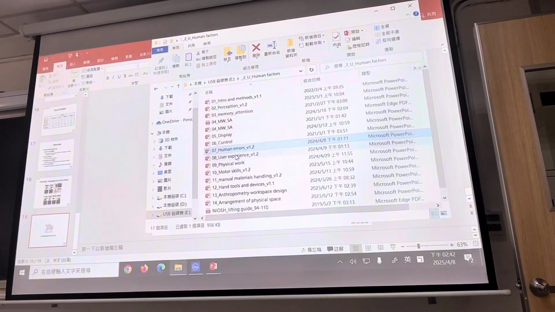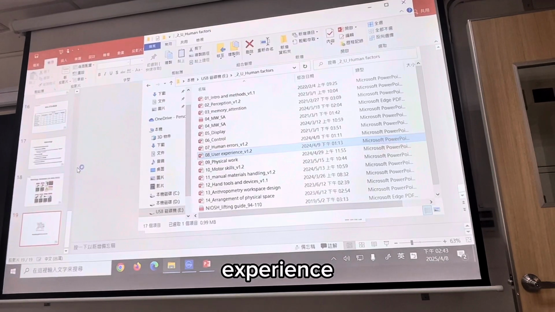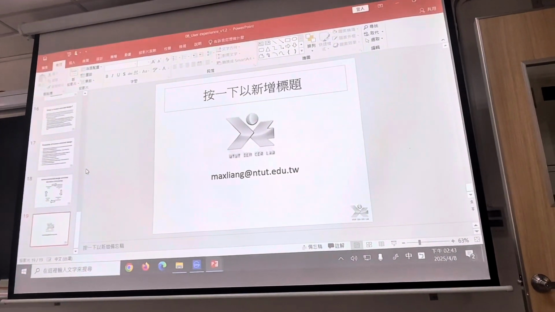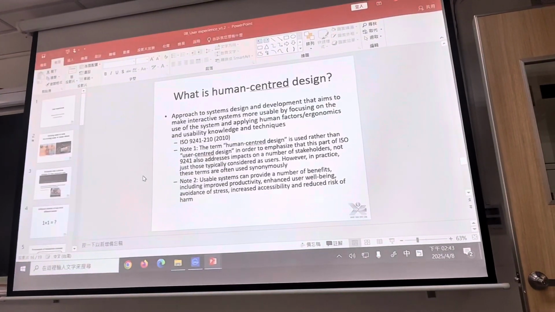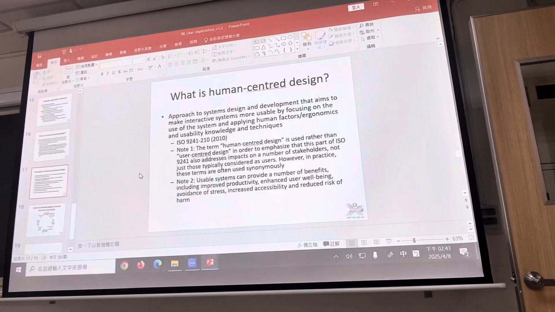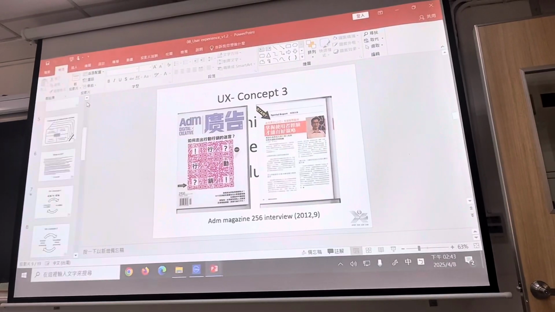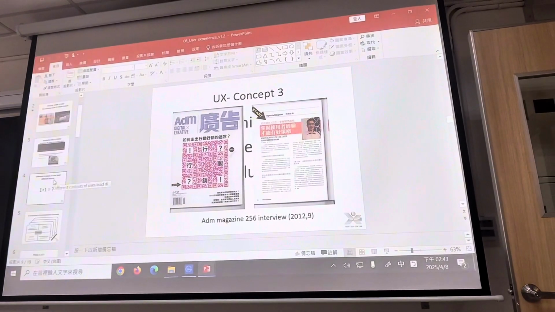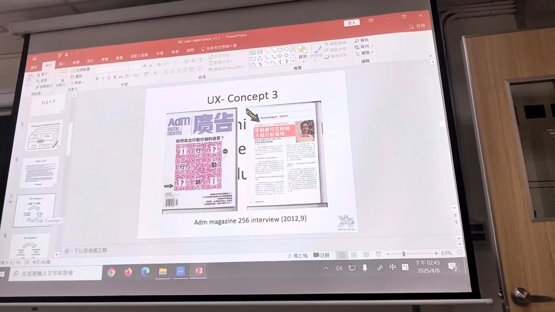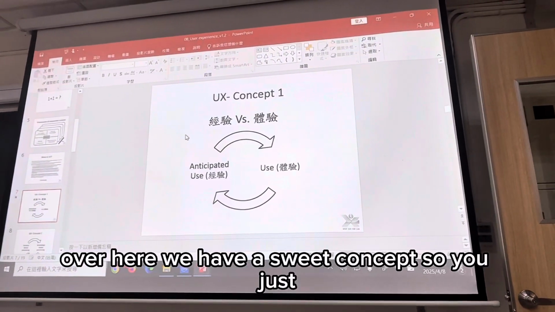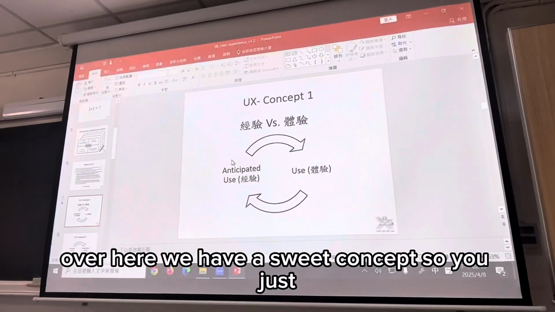Then experience. So here we have 3 concepts.